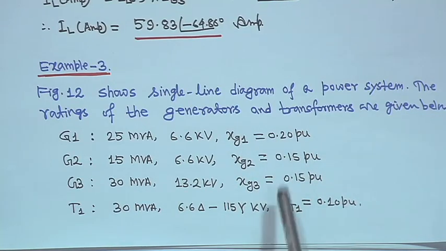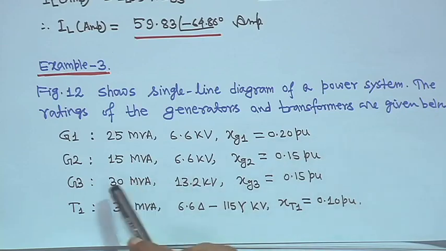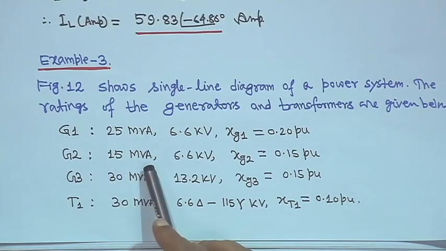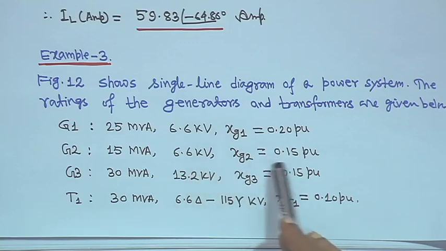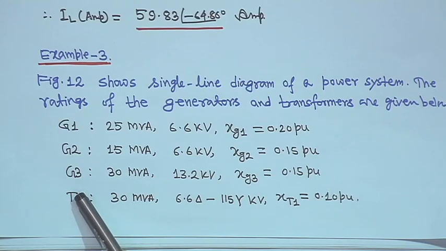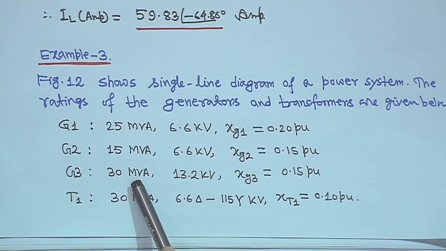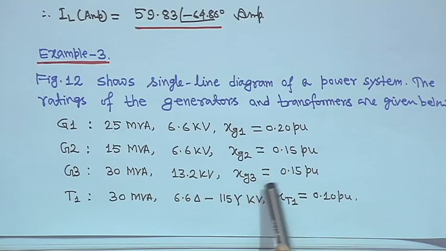Everywhere j will be there, but we are not putting j; only in the final circuit we will put the complex operator j. Generator 2 rating is 15 MVA, 6.6 kV and reactance is 0.15 per unit. Similarly, generator 3 is 30 MVA, 13.2 kV, and generator reactance is 0.15 per unit.